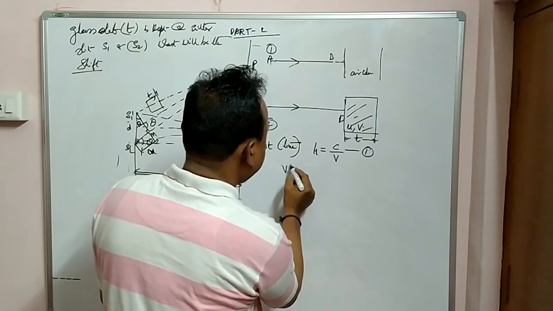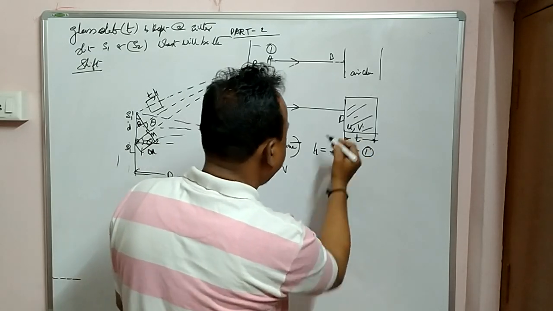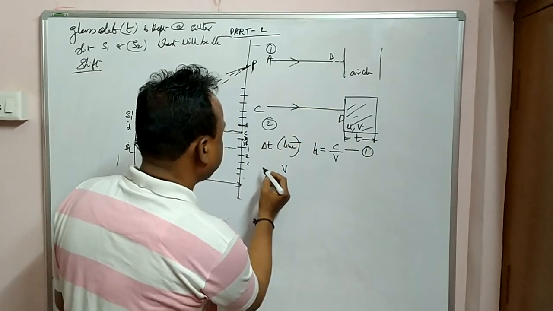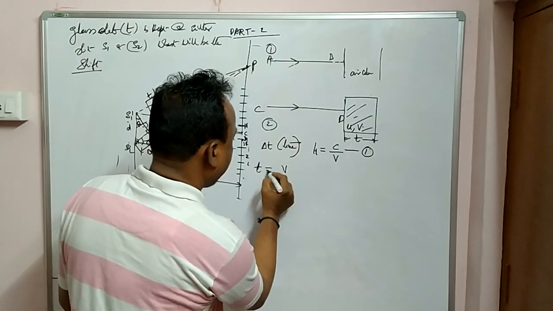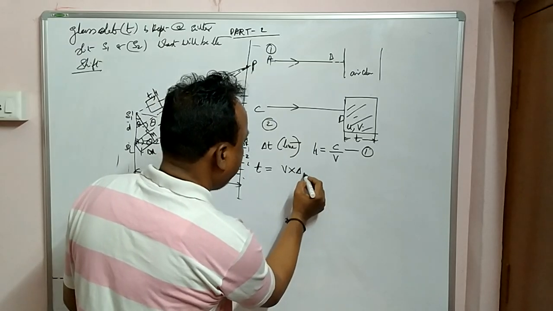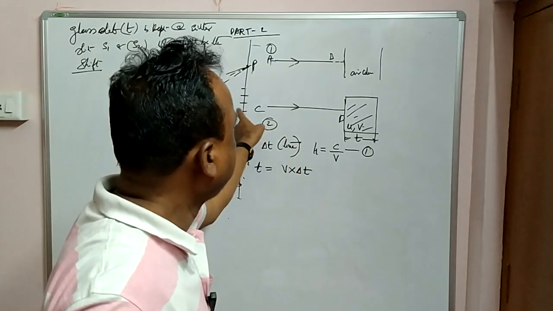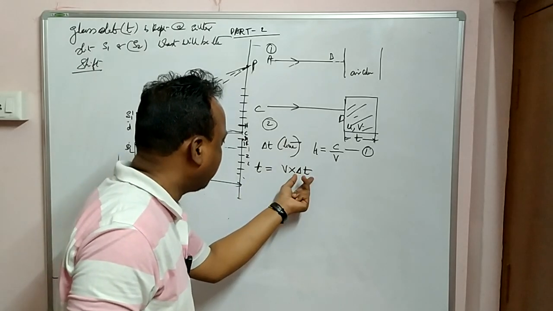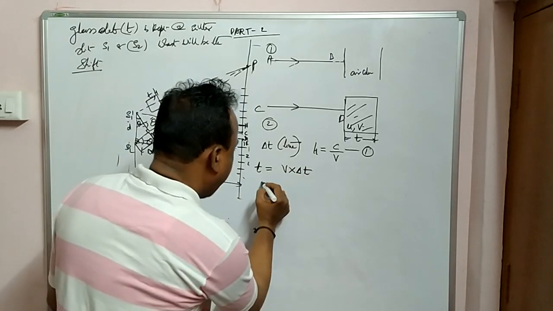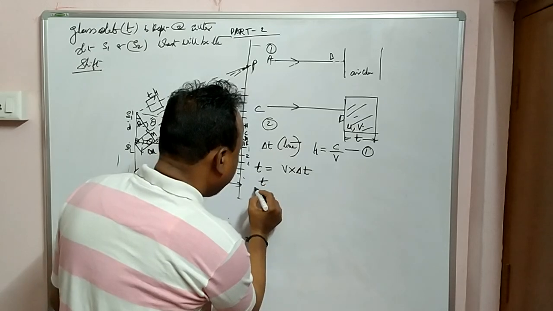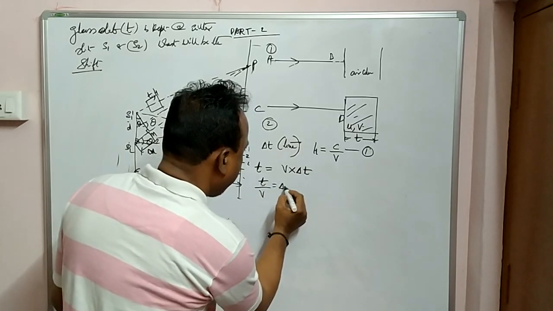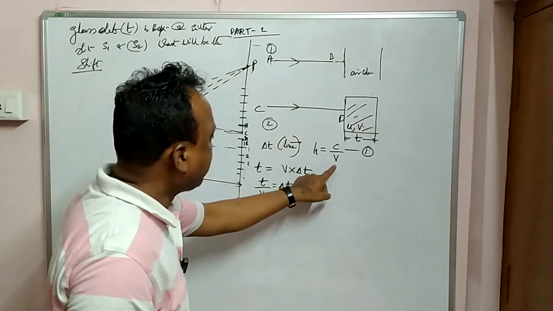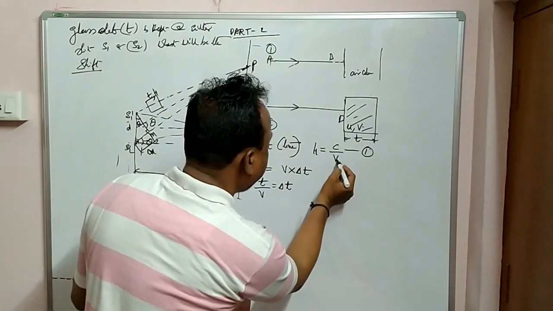This distance t has to be traveled. So look, distance is equal to speed into delta t for this wave. For the CD wave, this distance has to be traveled in delta t time, or t by v is equal to delta T. Now from this equation, what is V?